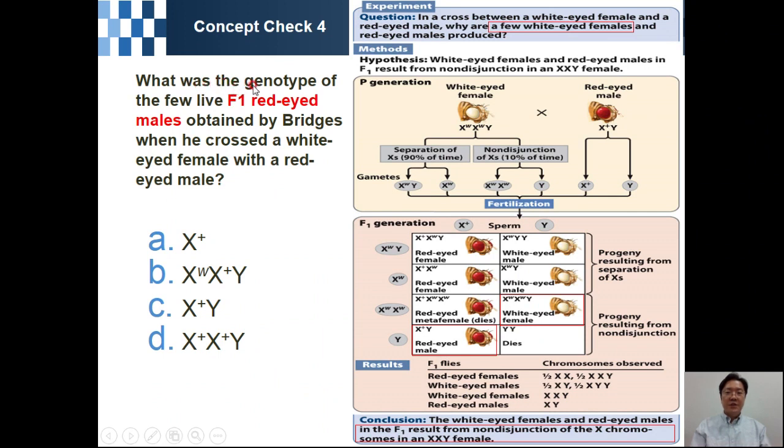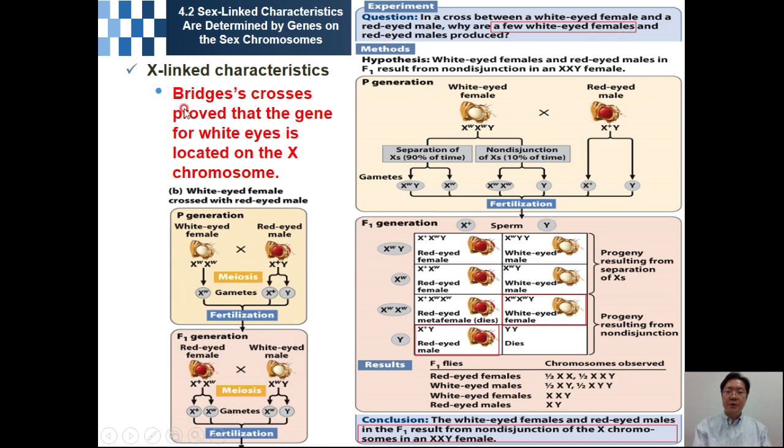So what was the genotype of the pure-line F1 red-eyed male obtained by Bridges? Who was Bridges? The scientist Bridges did crosses and he proved the gene based on this non-disjunction.